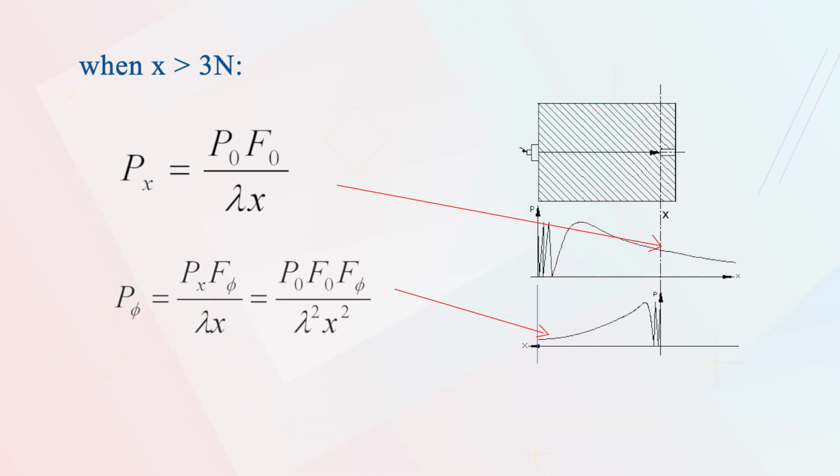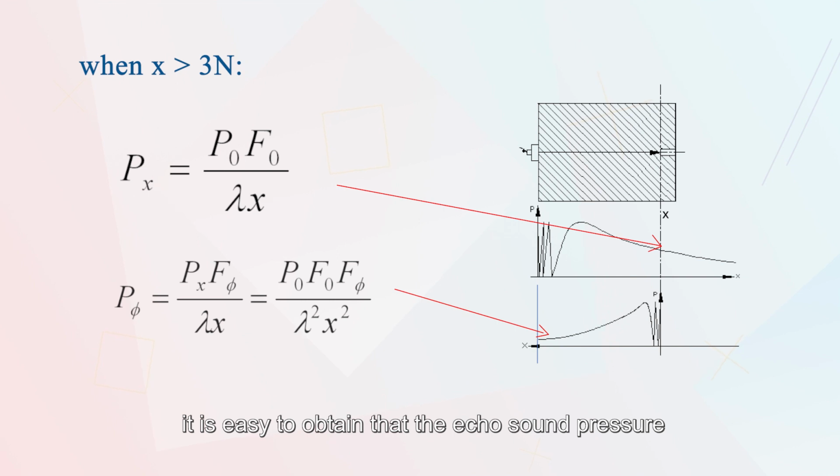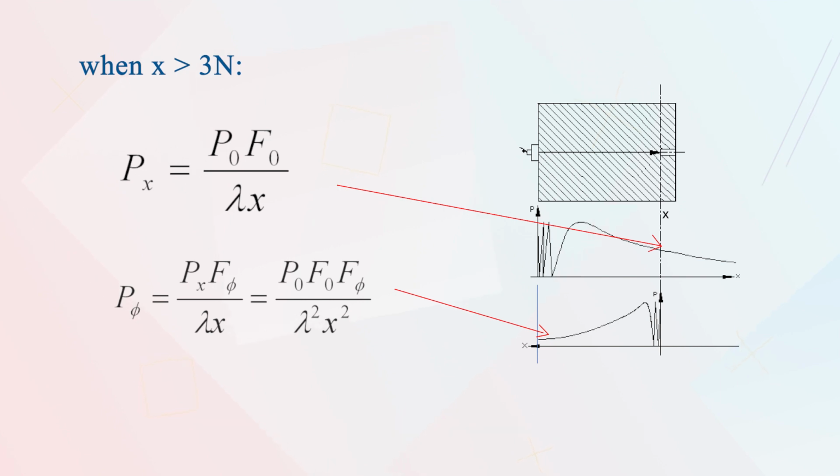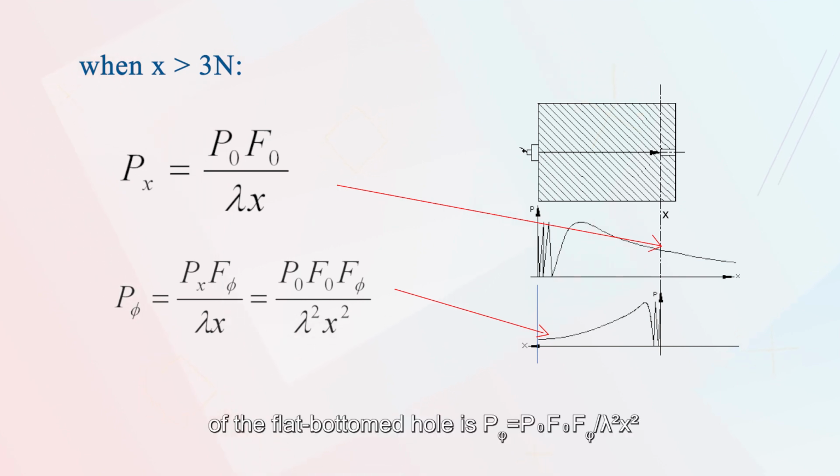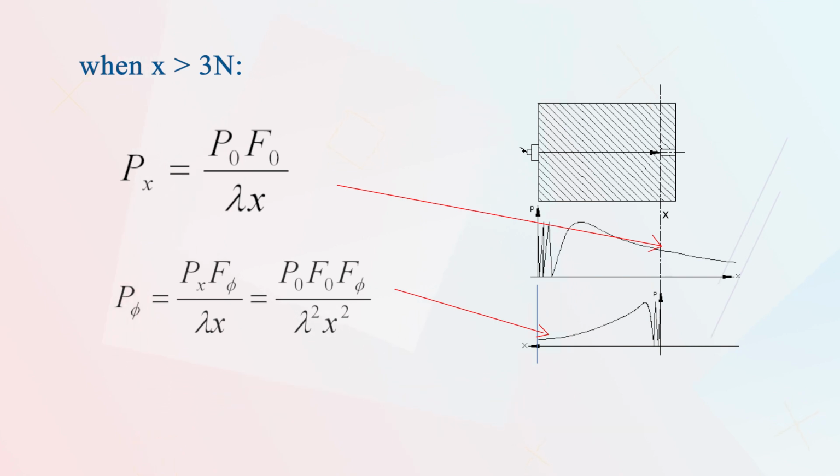In this way, it is easy to obtain the echo sound pressure received by the probe from the bottom surface of the flat-bottomed hole: P phi is equal to P0 F0 F phi divided by lambda squared x squared.